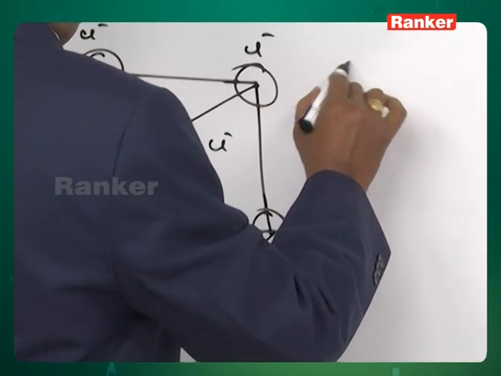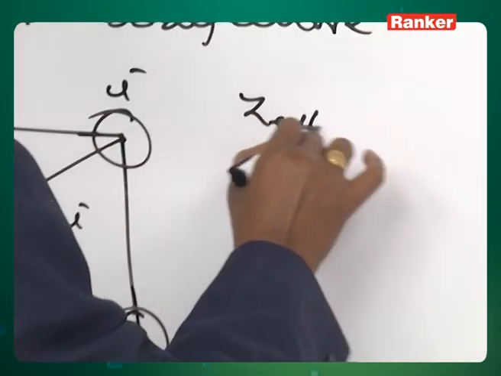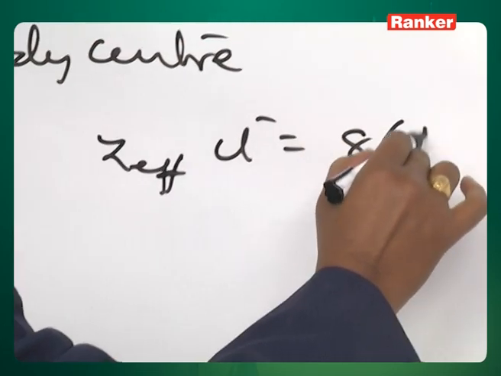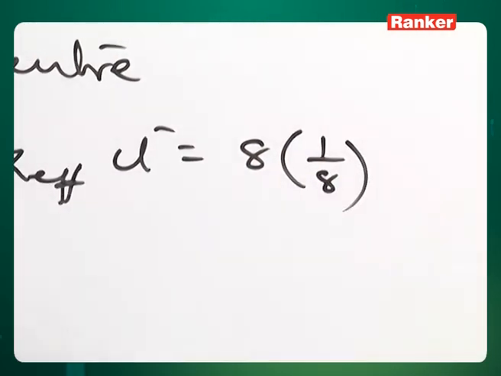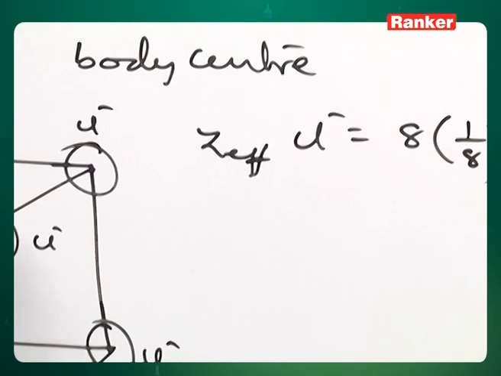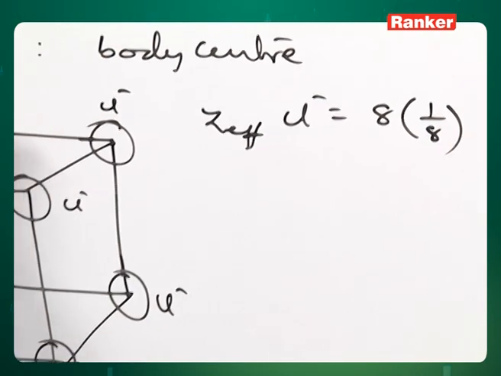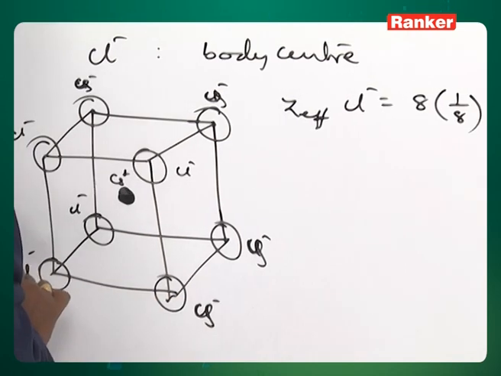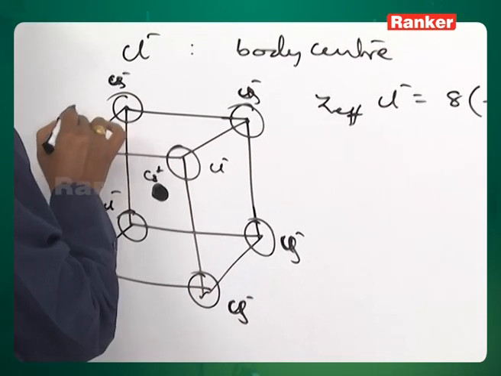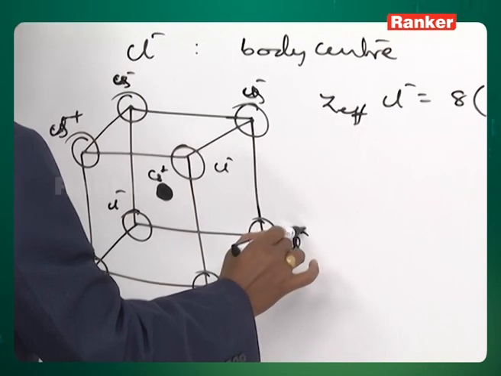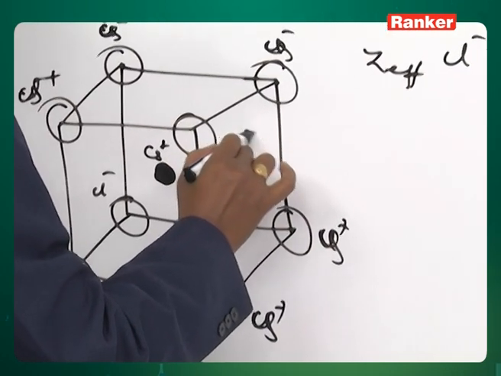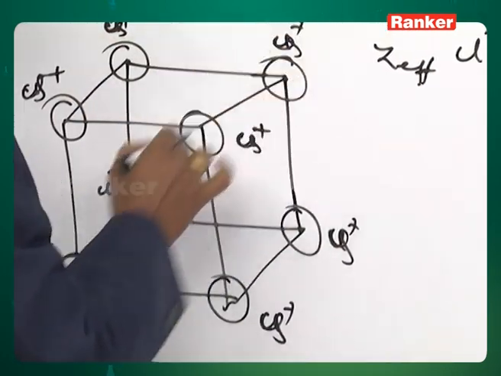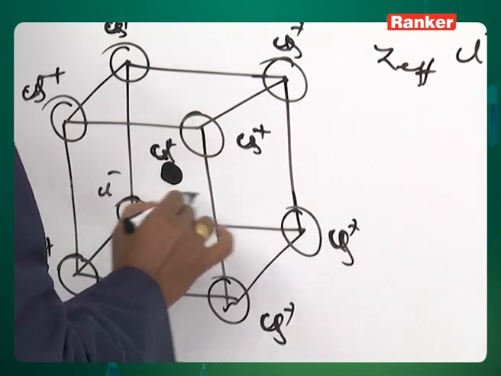So, Z effective for chloride is 8 into 1 by 8, or even you can take the vice versa. Cesium ions are at the corner, so you can consider this as cesium ions, either way you can take, that does not make any difference. Then this is the chloride ion.